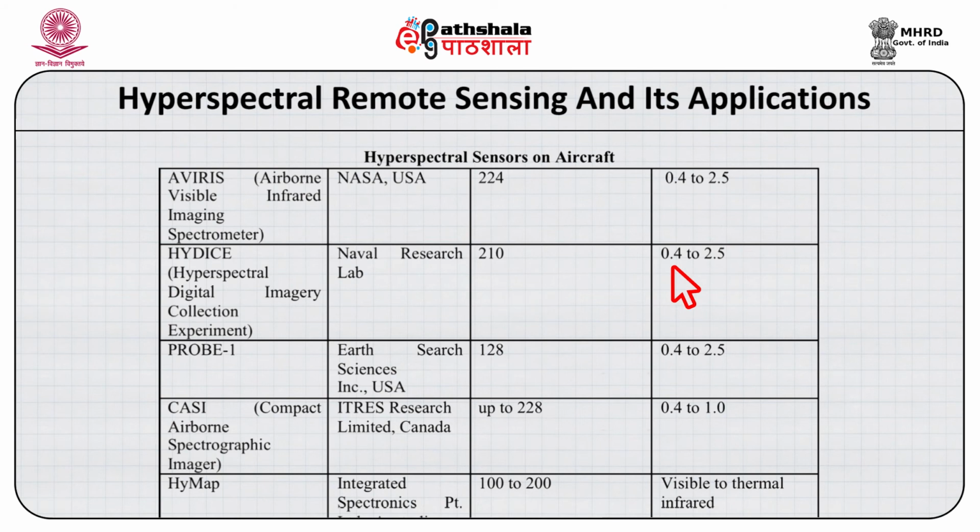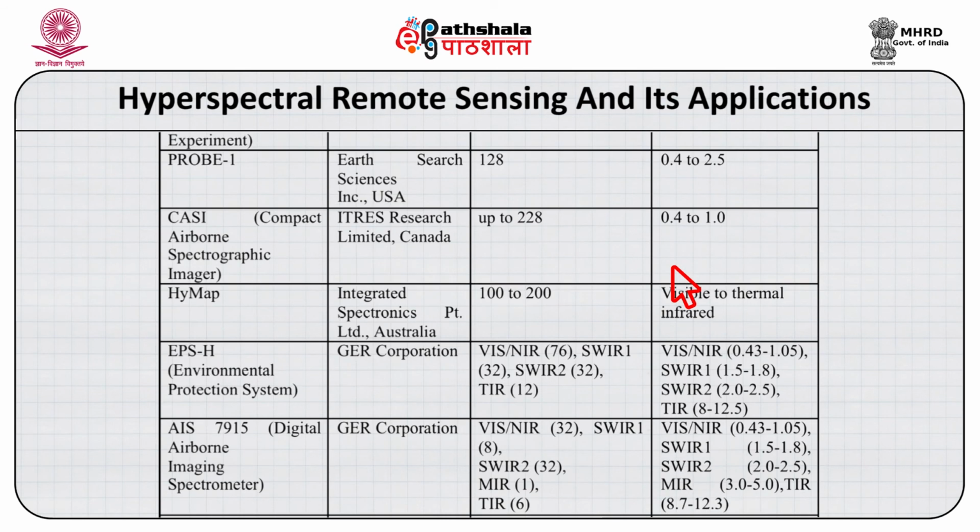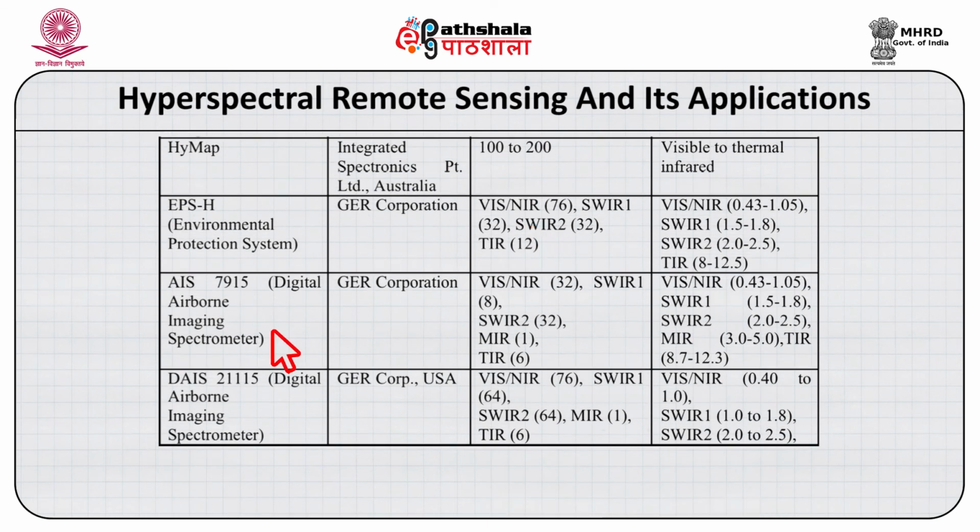And if you see at the bottom of this table, the last, that is the Airborne Imaging Spectroradiometer, and it has a spectral region from 0.43 to 1, further very narrow, and the number of bands is up to 288. One I would like to mention more, the second last row of table 1, is DAIS, Digital Airborne Imaging Spectrometer, that is again a US product, where the visible region, near infrared region and short wave infrared region are being used.